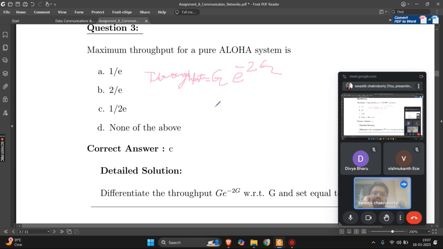So how will we get the maximum throughput? T equals G e to the power minus 2G. We will simply differentiate it. So let's do dT/dG. dT/dG equals e to the power minus 2G by the chain rule, plus G into minus 2 e to the power minus 2G. This is equal to 0 for maximum.